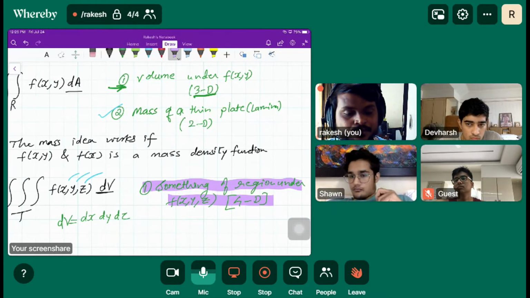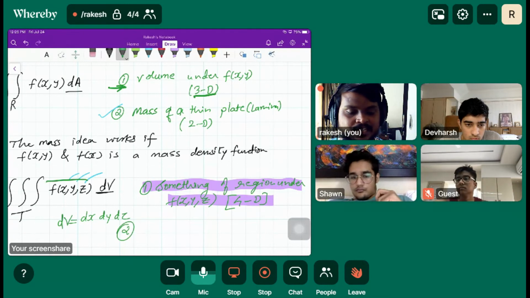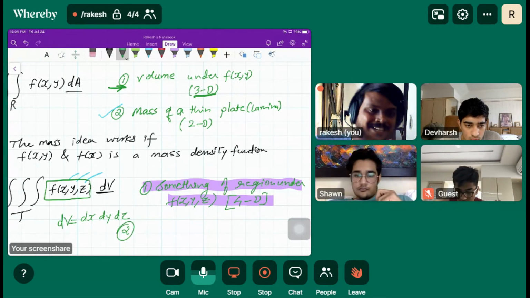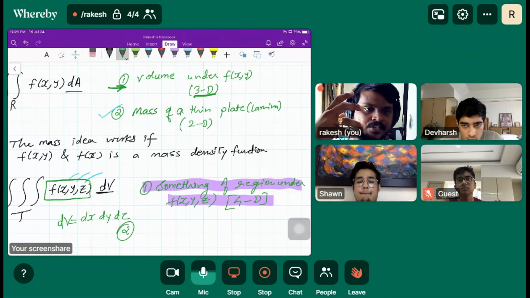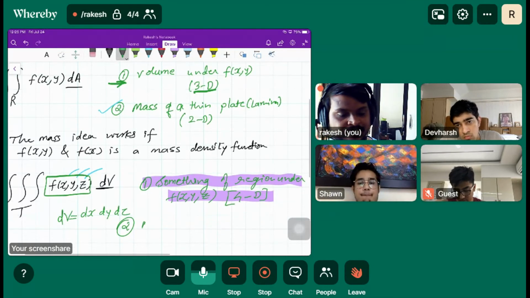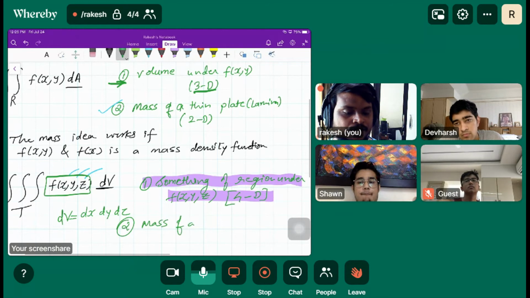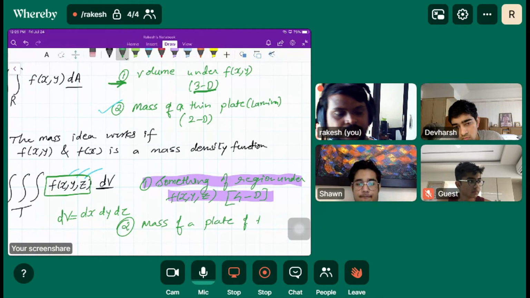But obviously, if you understand the second line, if suppose I give you the mass density function of a 3D shape, of any particular three-dimensional object, then it definitely makes sense to me, because we can definitely find out the mass of a plate of thickness, isn't it?